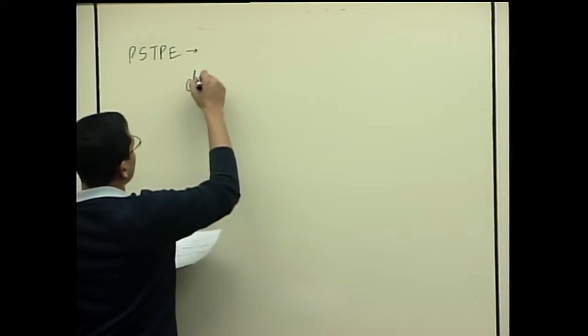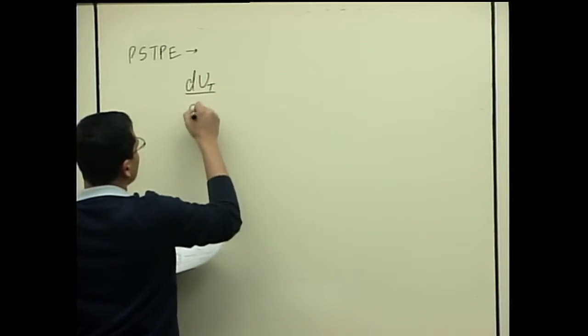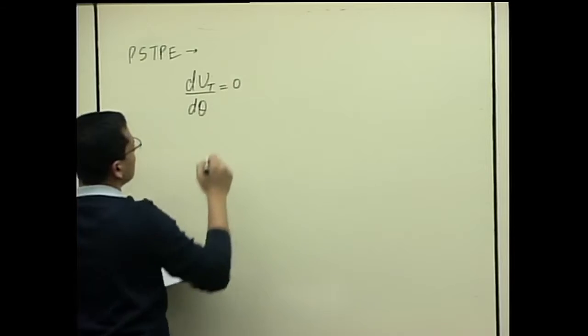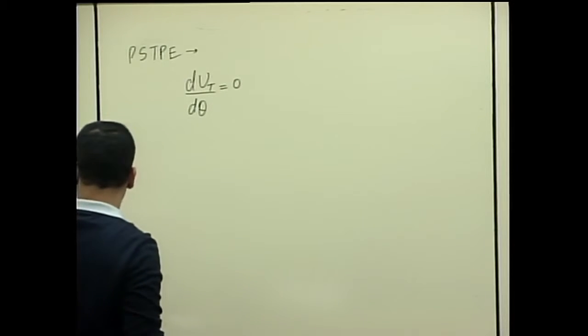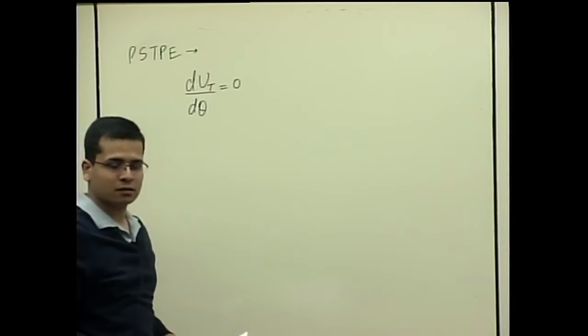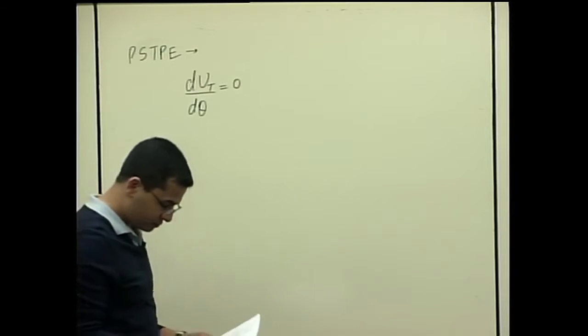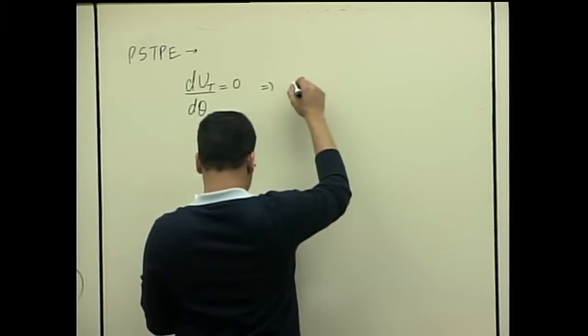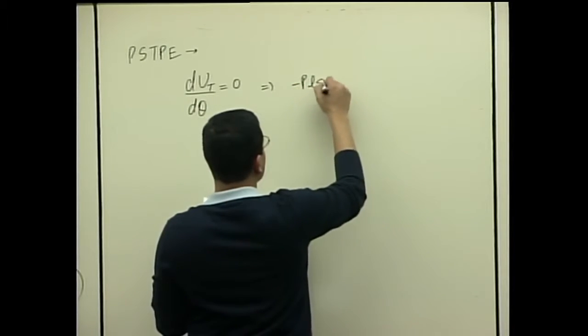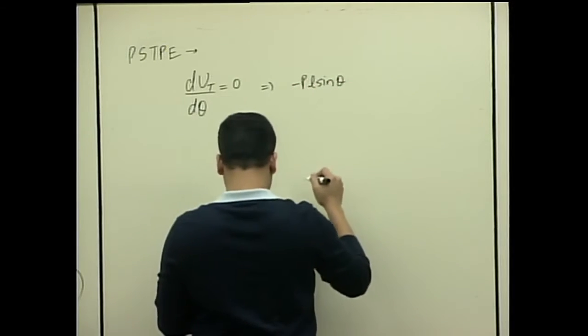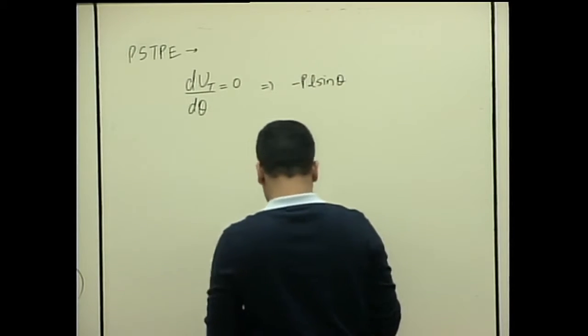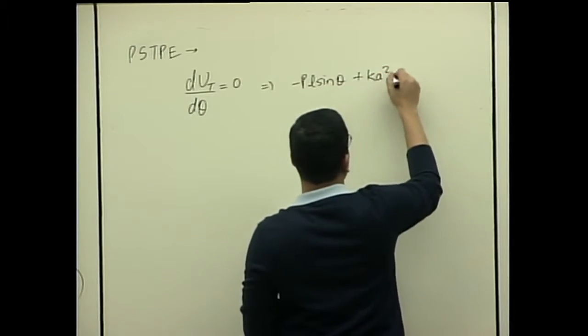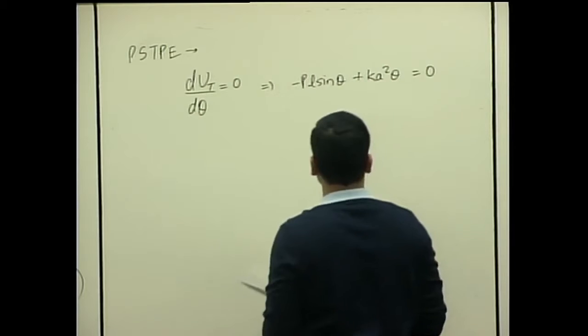So we will differentiate the total potential, and we get minus PL sine theta plus k a square theta is equal to 0.